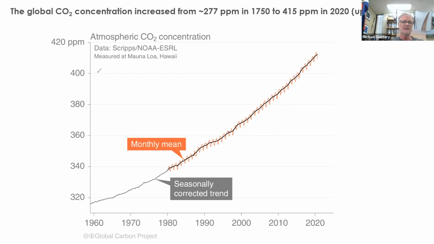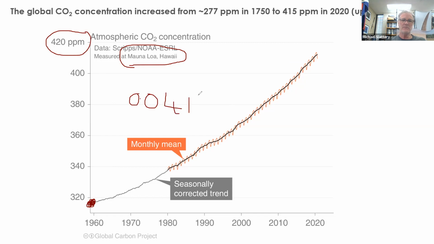It turns out that the most reliable, most accurate measure or record of CO2 comes out of Hawaii from the Mauna Loa Observatory. These measurements were started back here in 1957, right? This is the most representative data set of CO2 in the atmosphere. Now we're expressing this as parts per million, right? Parts per million. Remember when we started, we said carbon dioxide is 0.041%.